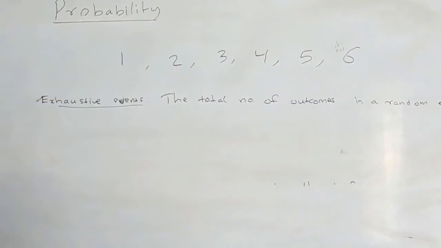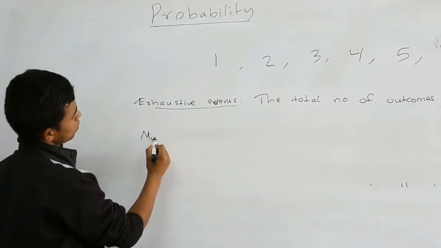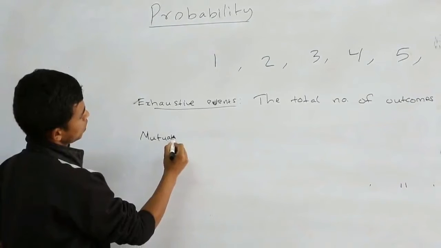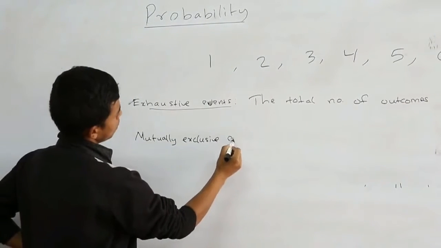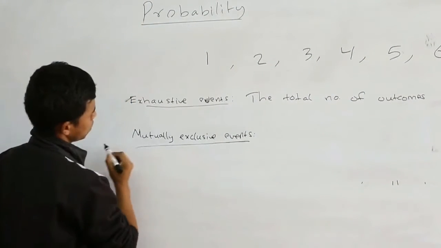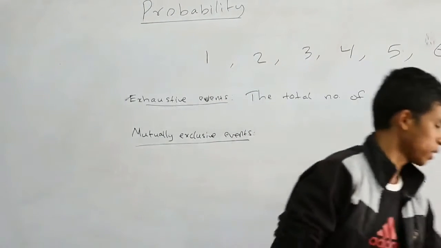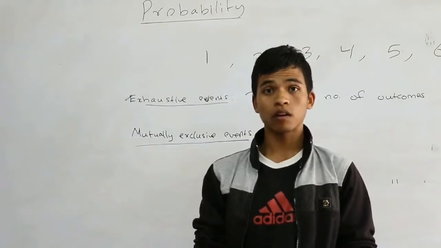We will move on, and here we have one more term, which is mutually exclusive events. What do we mean when we say mutually exclusive events? Again, let's take the example of tossing a coin.